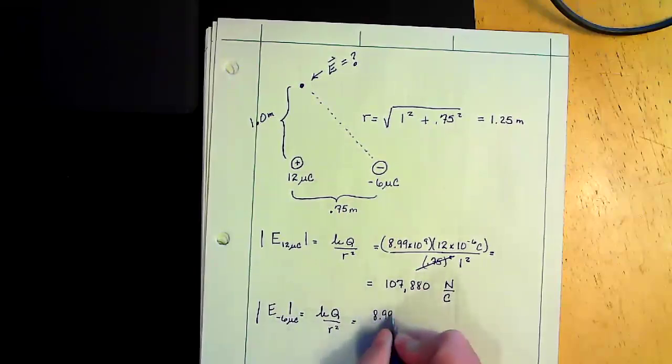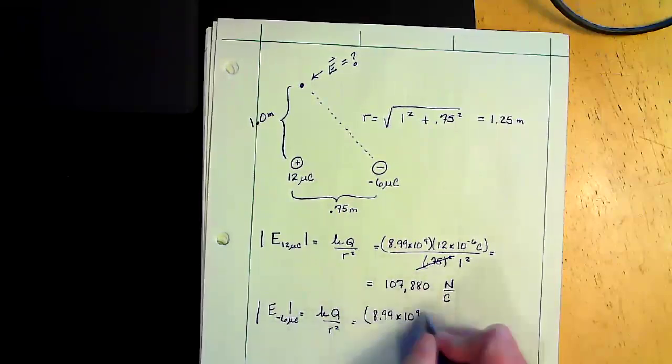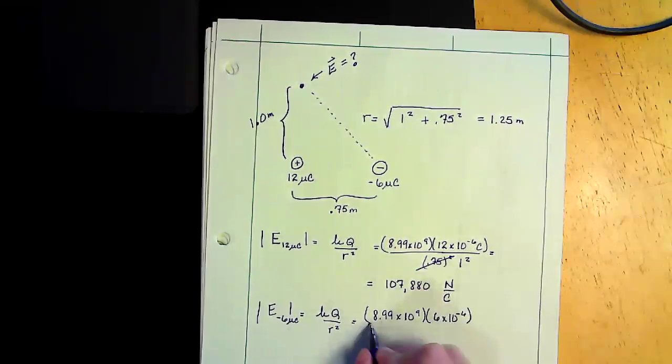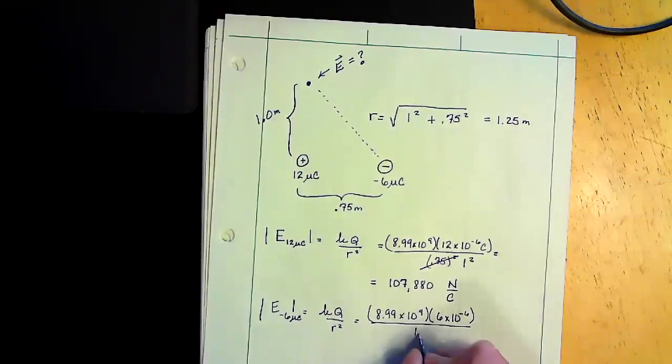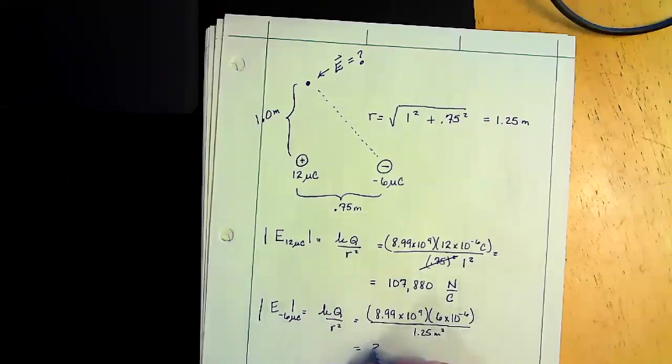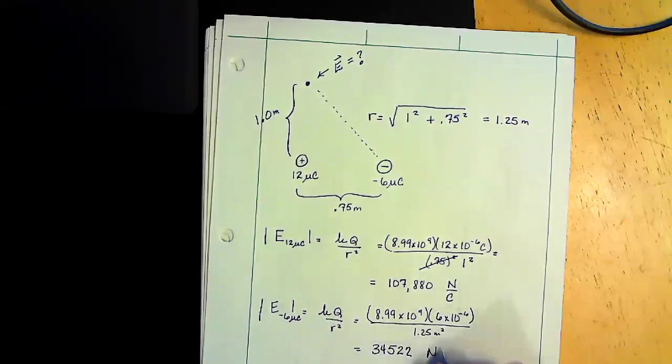Putting in my actual numbers, that's going to be 1.25 meters squared. And I get 34,522 Newton per coulomb.